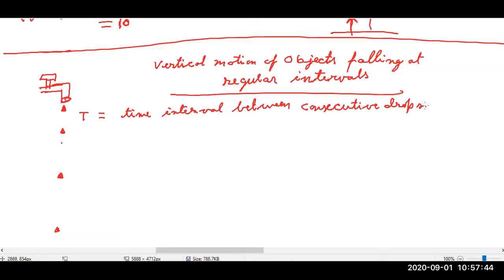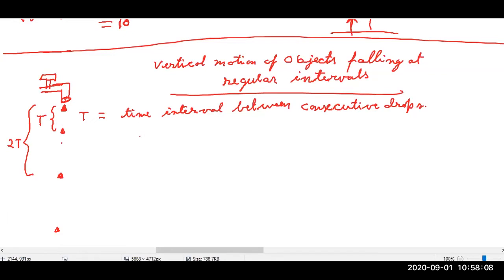So if a particular drop is being detached from the tap, then the previous one will be at a time gap of t, and if you consider one more drop, that will be at a time gap of 2t. So how much has the previous drop fallen?